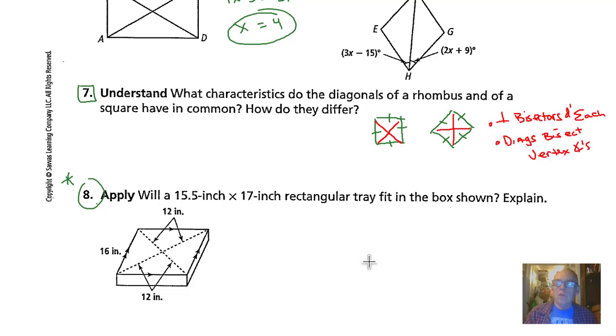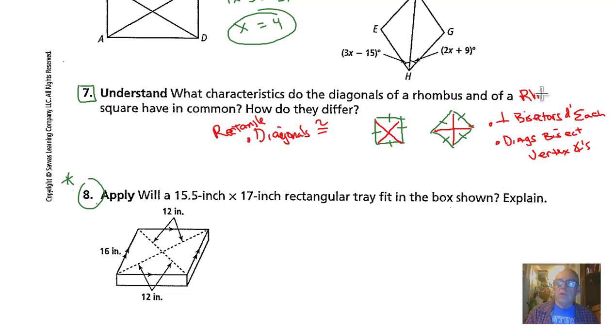There's two things we can see with the diagonals. The diagonals in a rhombus don't have to be the same length, but they do bisect. But in a square, since a square is also a rectangle, the diagonals are congruent. So in a rectangle, the diagonals are congruent.